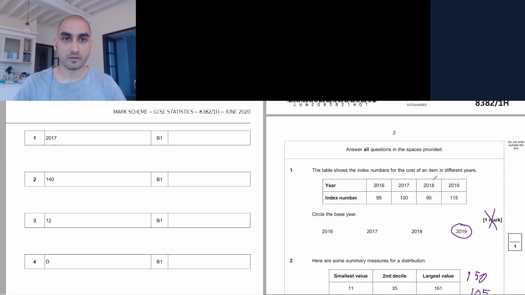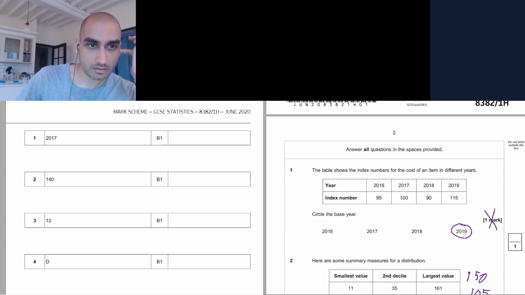Shall I look it up now? Base... Well, what would you even search for? Okay, UK GCSE, because it might be very specific to GCSE. What is base? Well, it's not going to be base year. It's going to be base... Oh, chain base index numbers.